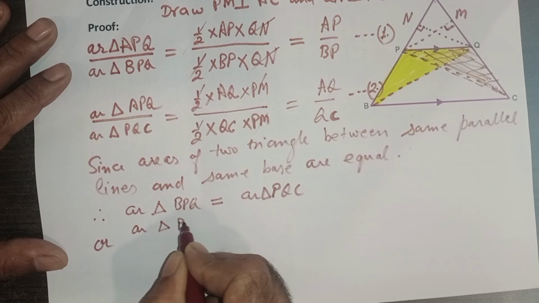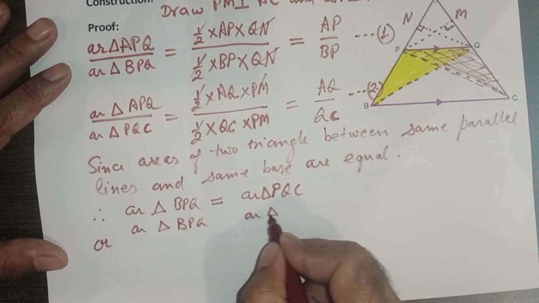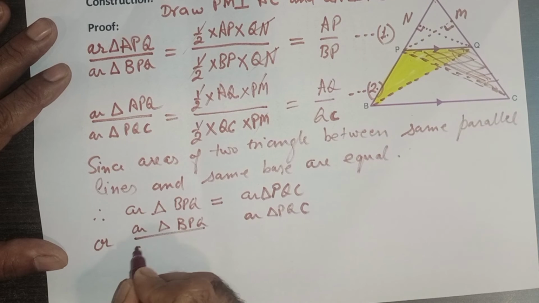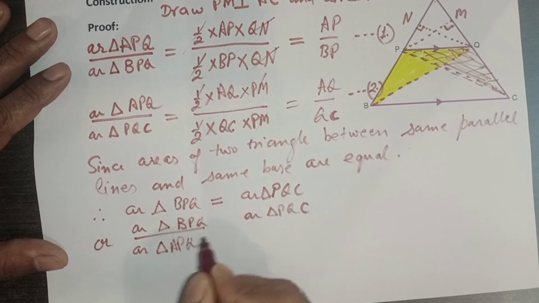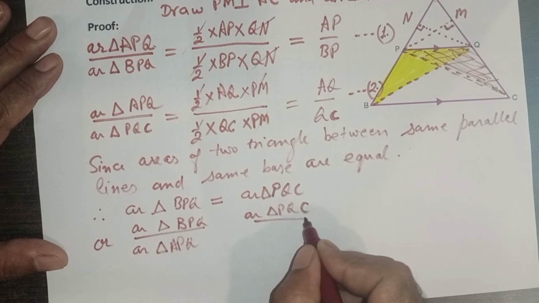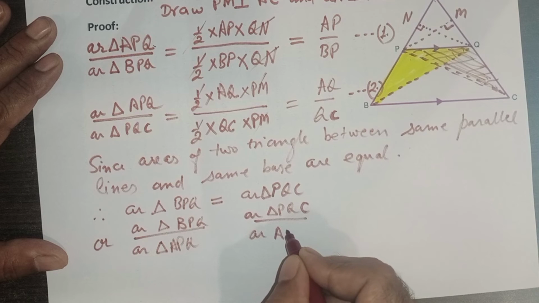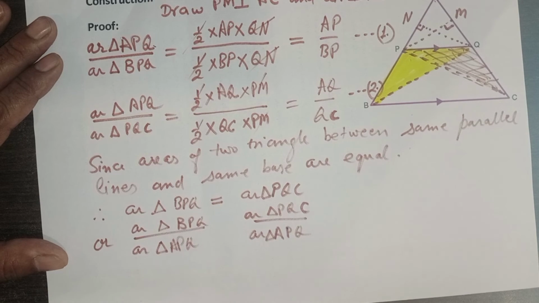So let us divide both of them by the area of triangle APQ. We are dividing area of BPQ and area of triangle PQC, both of them with the area of APQ. See students, both of them we are dividing with the area of triangle APQ.